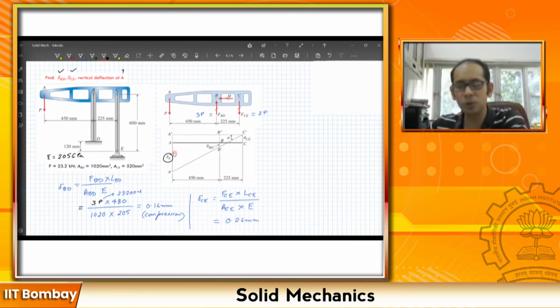So if you simply use the similar triangles which you have over here, let me write it out so that it's clear.